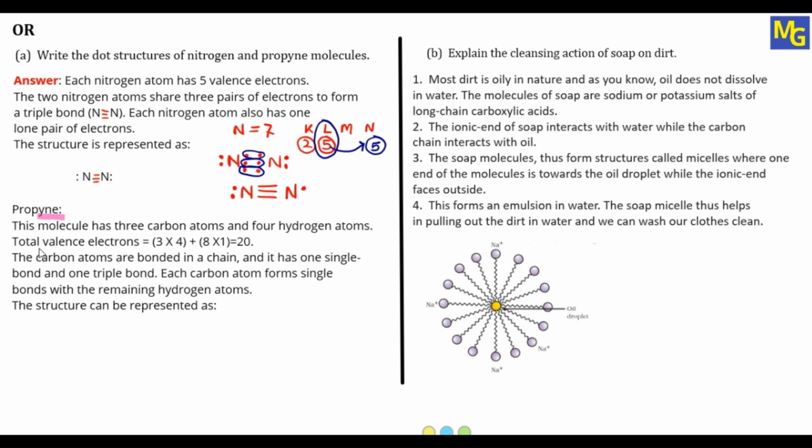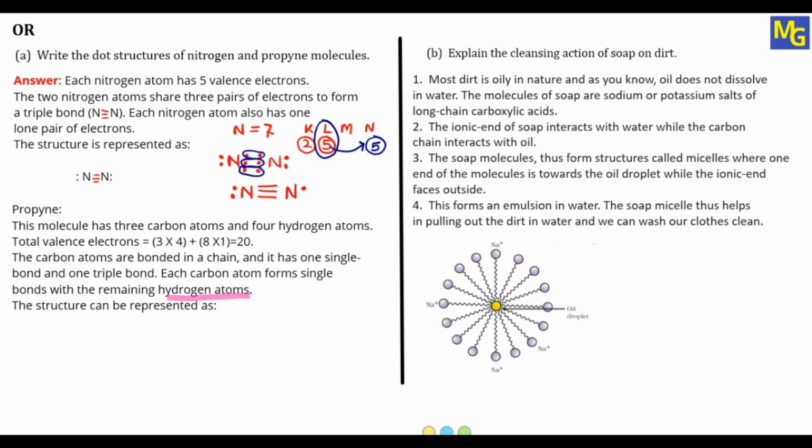So the total valency electrons will be 4 into 3 and 4 into 1. If we add, there will be a total of 20 valency electrons, and all these 20 valency electrons we have to adjust in this propyne. The carbon atoms are bonded in a single chain. It has one single bond and one triple bond. Each carbon atom forms single bonds with the remaining hydrogen atoms.